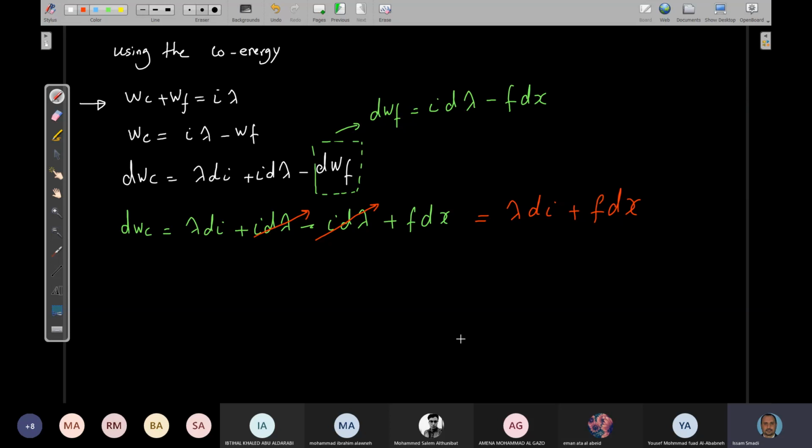Now the same thing. If I replot the I lambda curve, and plot the first curve for, let's assume, x1 position at certain lambda, certain current, I'm having this area.